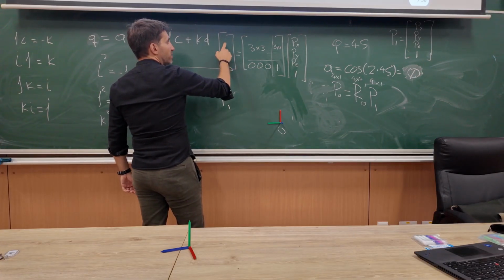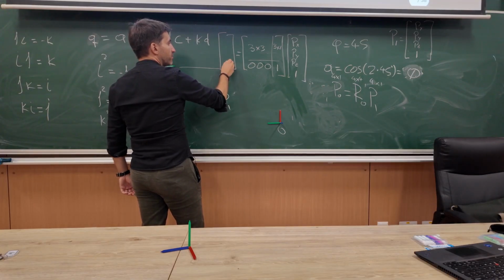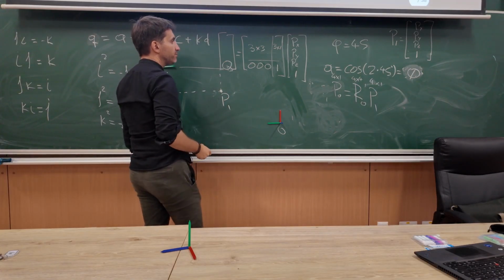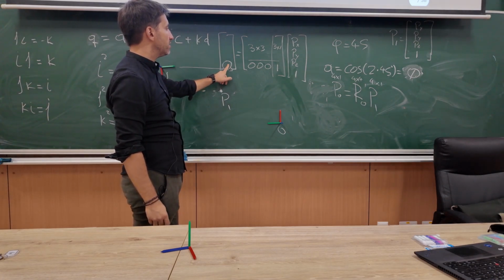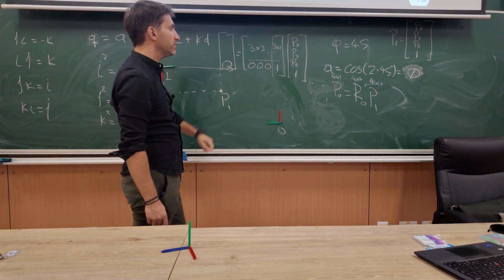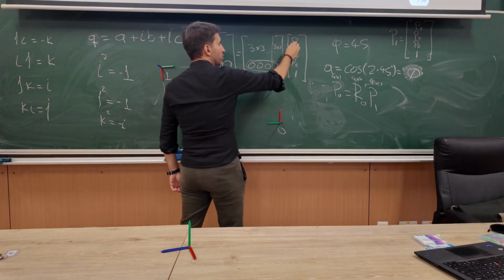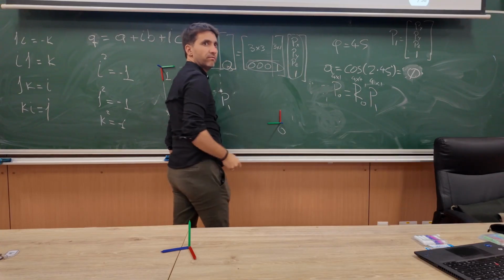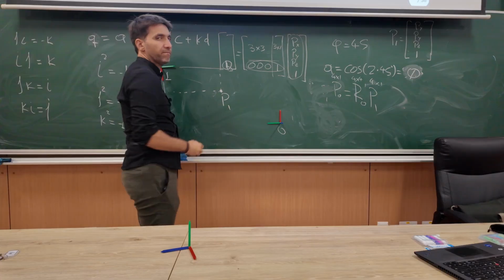I don't know what will be the result here, here, and here, but I know what will be the result here. What will I have here? How do I calculate this element? It's basically this row multiplied with this column, right? So if I do this multiplication, I will always have 1.